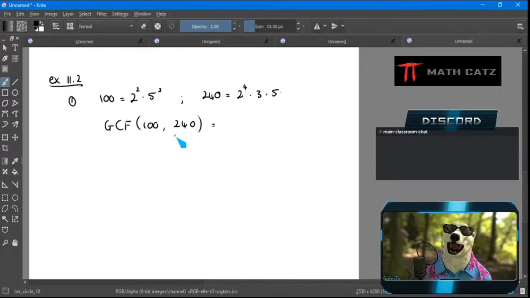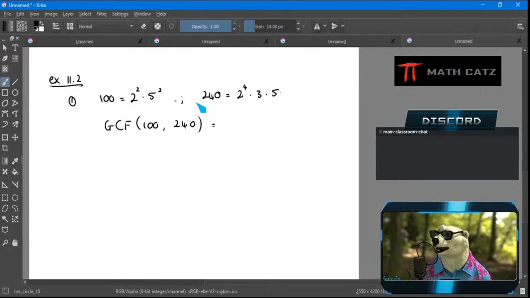So now I have to build a factor of each. So it needs to fit into 100, and it needs to fit into 240. Not at the same time, just the requirement comes in 2 parts, which means my answer here has to consist of the building blocks that I see.